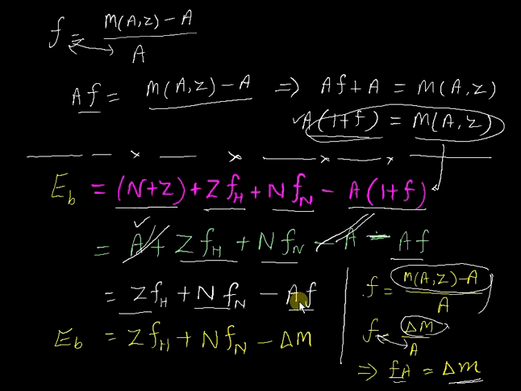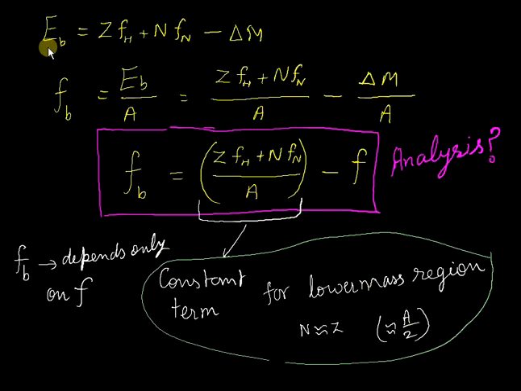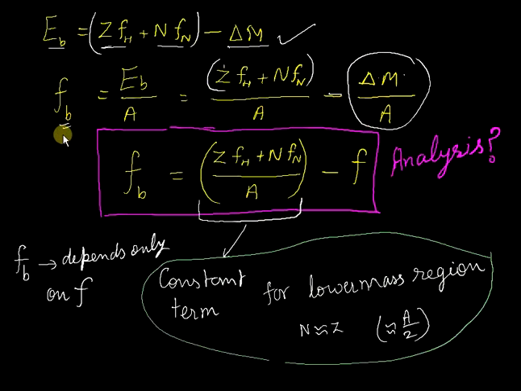So instead of this FA or AF, now the next term: EB is equal to ZFH plus NFN minus delta M. We know that FB is equal to EB upon A. So when I divide this equation with A, this term together, ZFH plus NFN divided by A, minus this delta M upon A. So what I found here, FB, is equal to EB upon A. Here FB and EB are symbols.